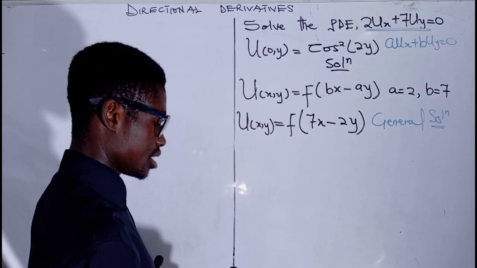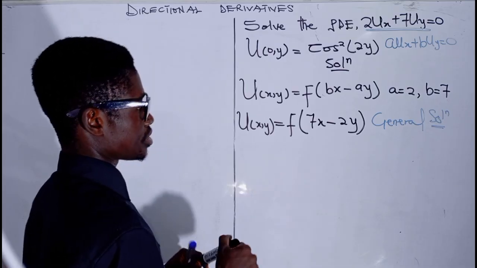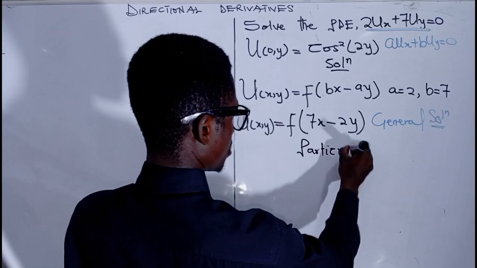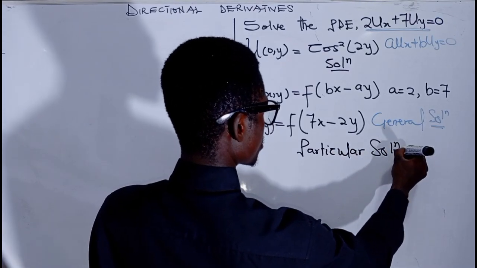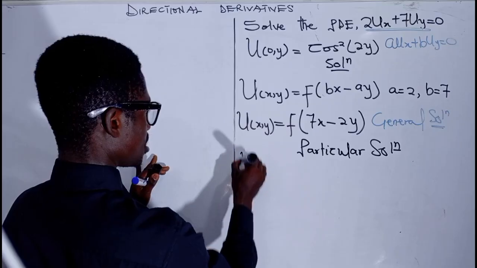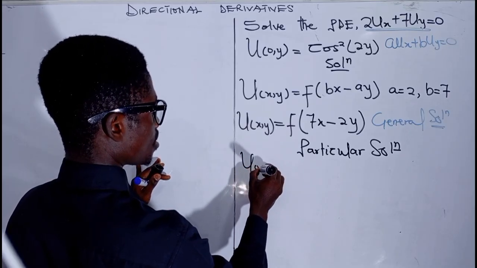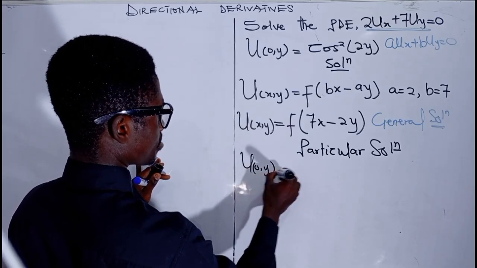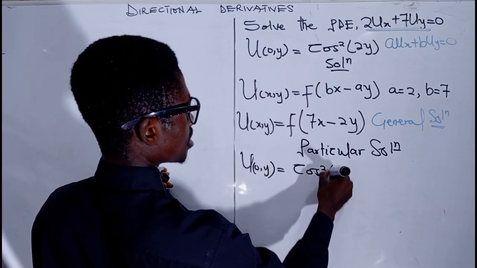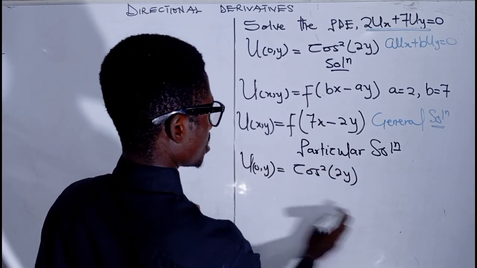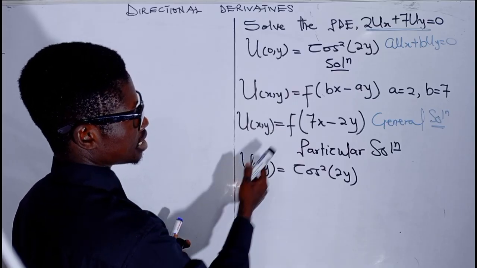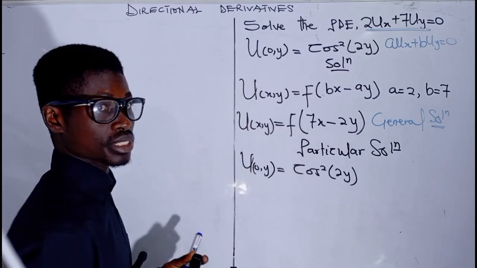So let's move on to the particular solution. We have the initial condition, u of 0, y is equal to cos squared 2y. This means that wherever we see x in the general solution, we have to plug in 0.